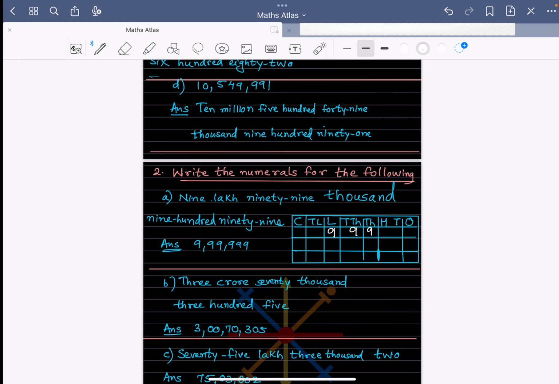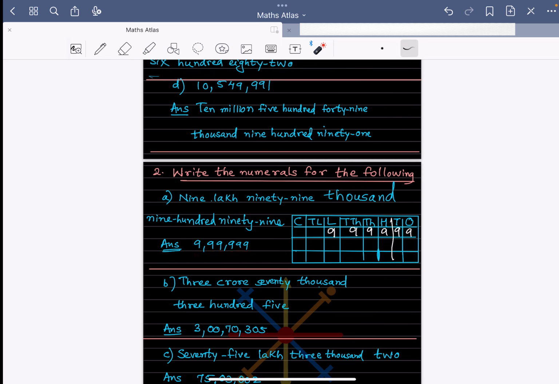And then it says 900 and 99. So 999 over here. So here this is clear. Now since this is in the Indian system, how are we going to write the commas? This is 3, 2, and this is 1. Hope that is also clear to you.